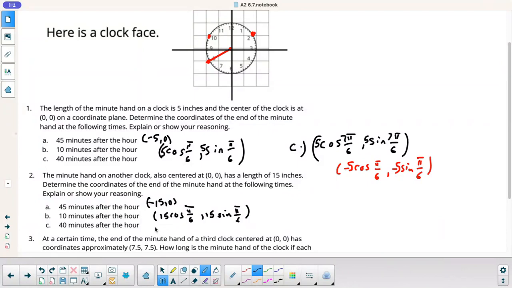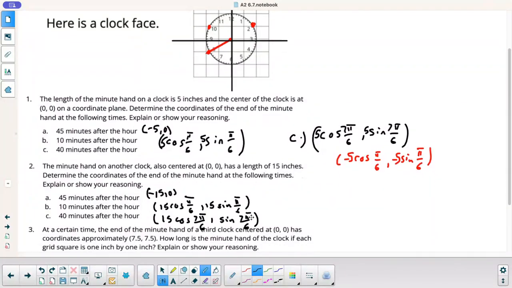And then 40 minutes, either one of these would work. I'll probably use this one because it's easier. I'm just going to say 15 cosine of 7 pi over 6, 15 sine of 7 pi over 6.